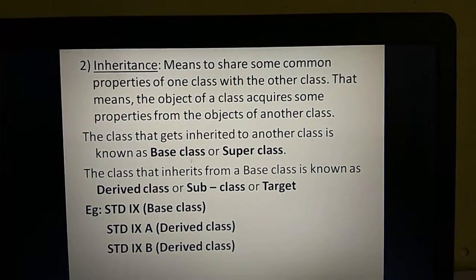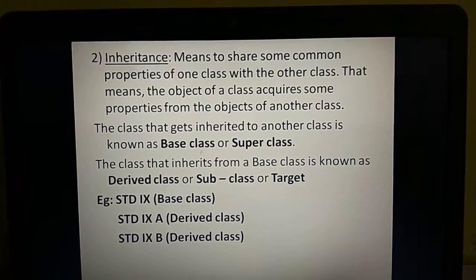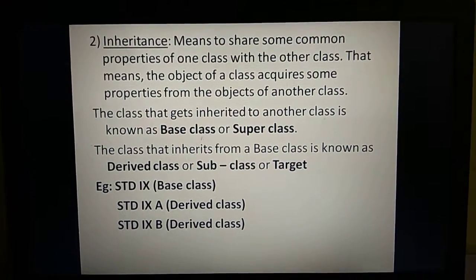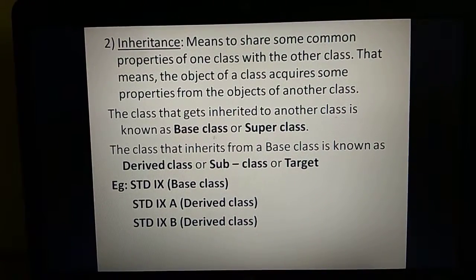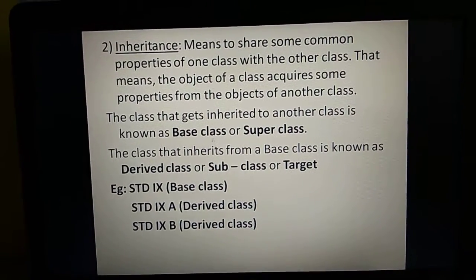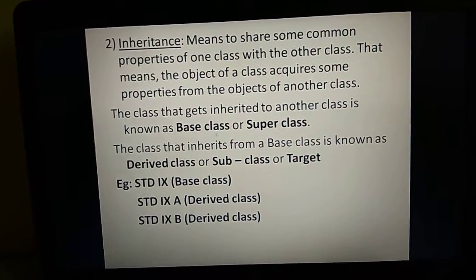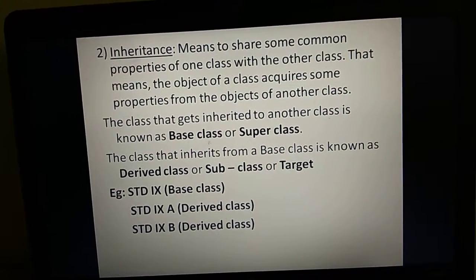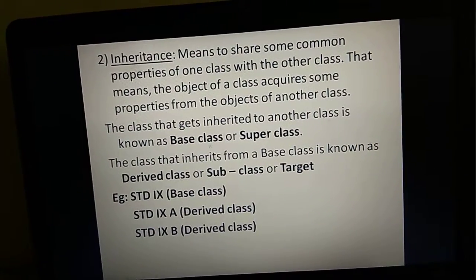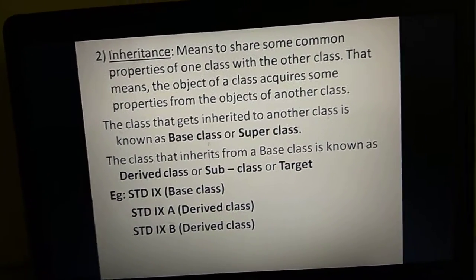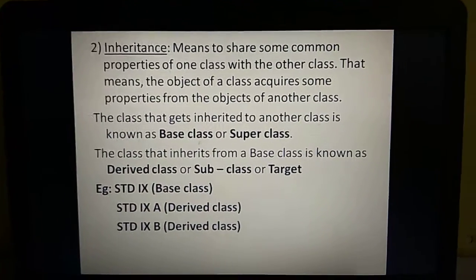Take the example I told you about: standard 9th is the base class, wherein standard 9th A and 9th B are the derived classes of the base class, both sharing the common properties from the base class. Is that clear to all about inheritance?